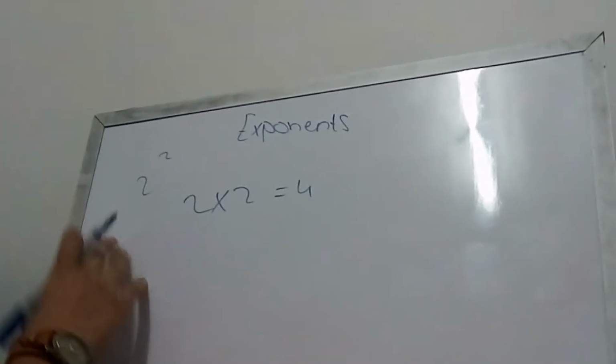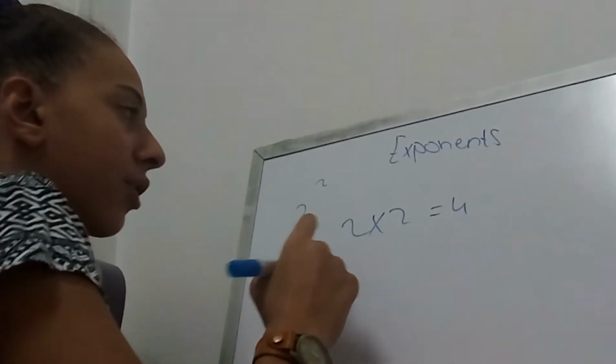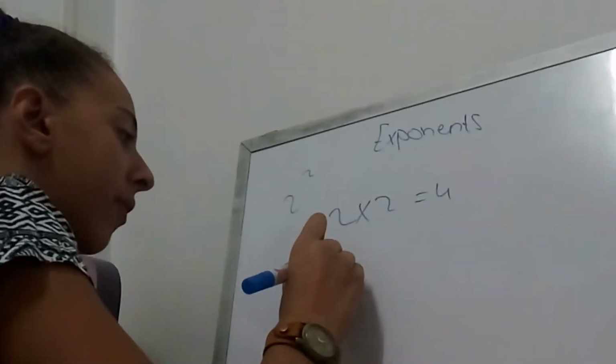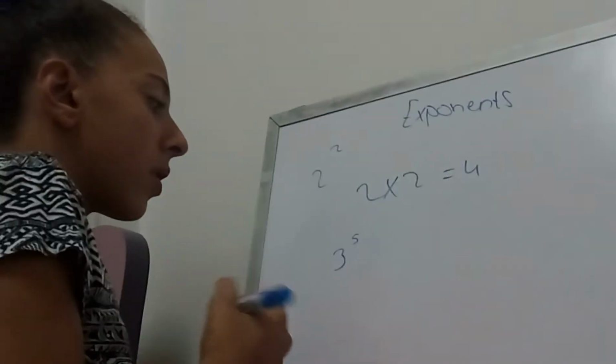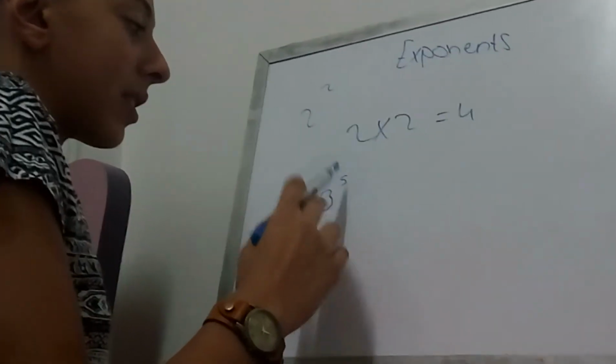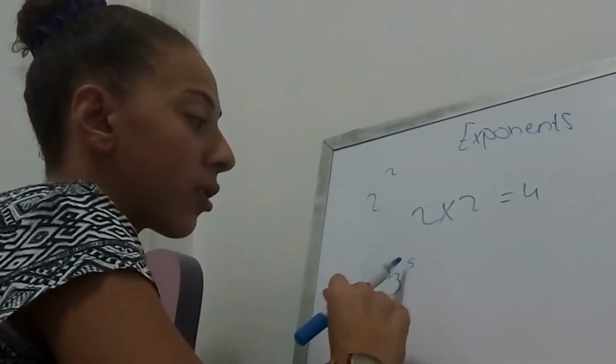So if you have a math quiz or you're solving math and you find a question like this, 3 power 5. Of course it's not 3 times 5, because this is a smaller number and it's not beside it, it's on top of it.